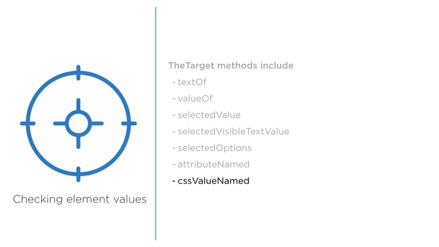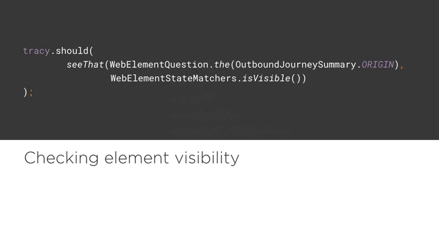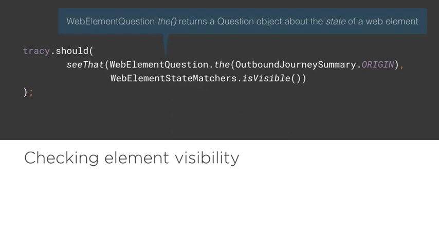The other side of the coin is you need to be able to check whether an element is visible, whether it is enabled, whether it is present on the screen. And in Serenity Screenplay, you do that using a class called the WebElementQuestion class, which creates a special question object that is specialized in talking about the state of a web element.